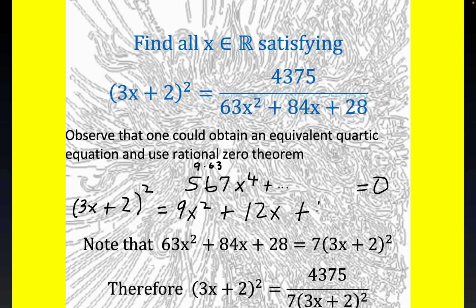That's how you can tell: 7 times this object right here is this object. 7 times 9 is 63, 7 times 12 is 84, and 7 times 4 is 28.